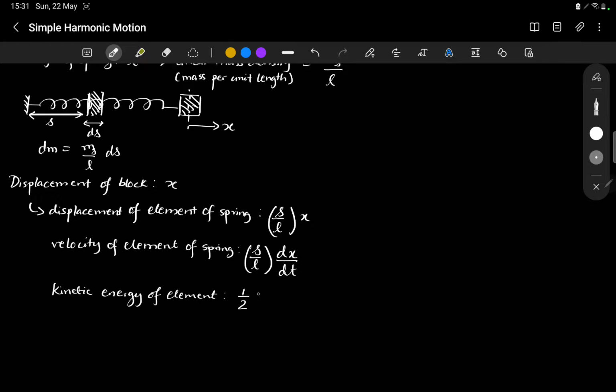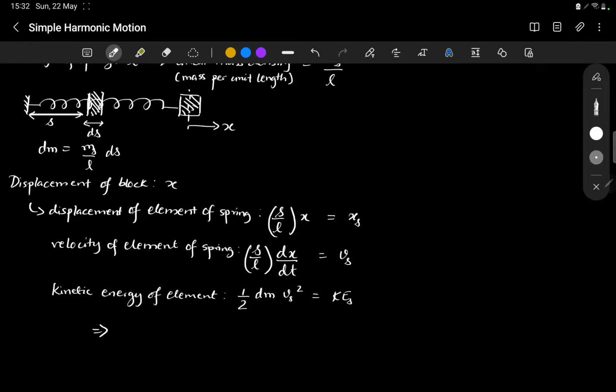Kinetic energy is half mv squared, where m of the element is dm. Let us give these some names: the displacement of the element of spring is x of s, and the velocity is v of s, so this is half dm v of s squared, and this is the KE of the element.